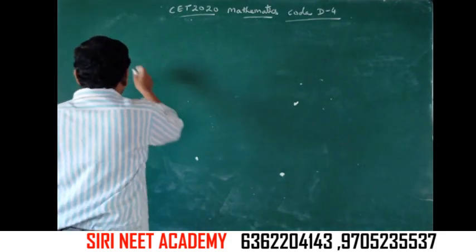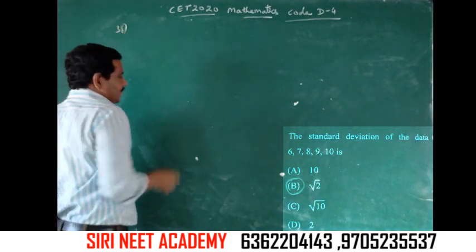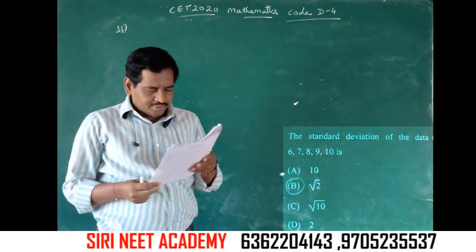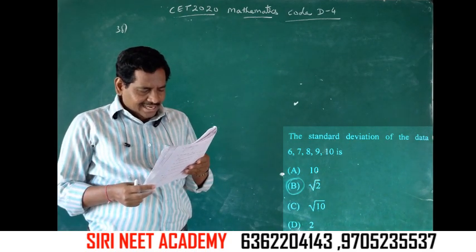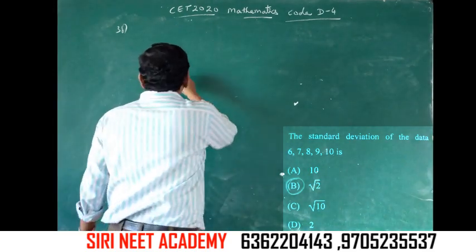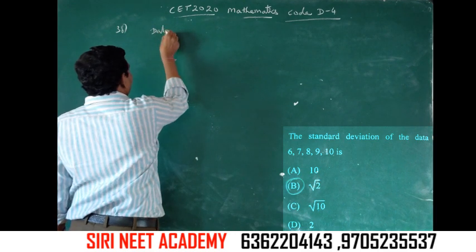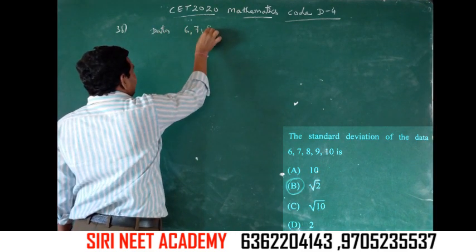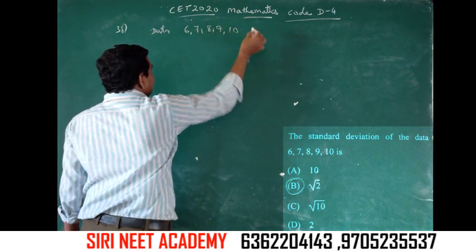Now question number 38. The standard deviation of the data 6, 7, 8, 9, 10 is. Given data 6, 7, 8, 9, 10.